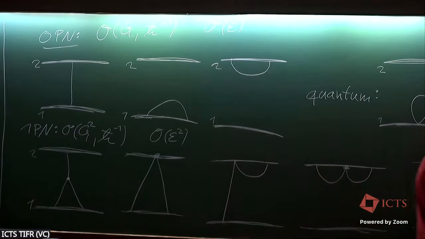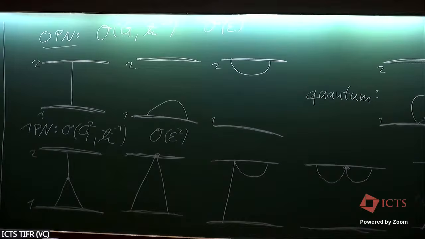And the other one at this order would be where one takes two worldline vertices with two gravitons going out and connects them like this. There might be more.